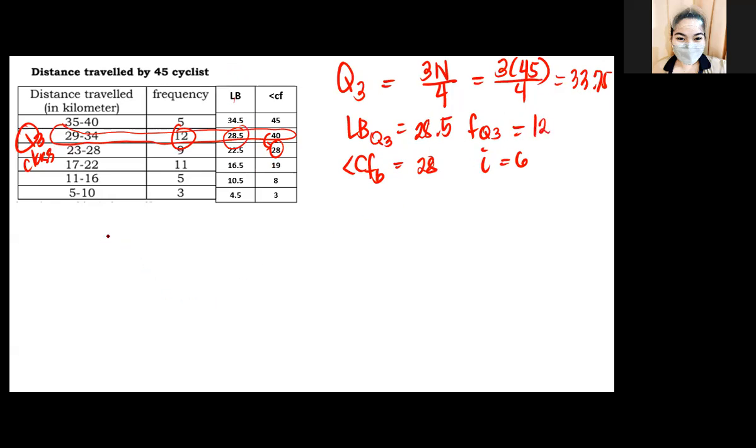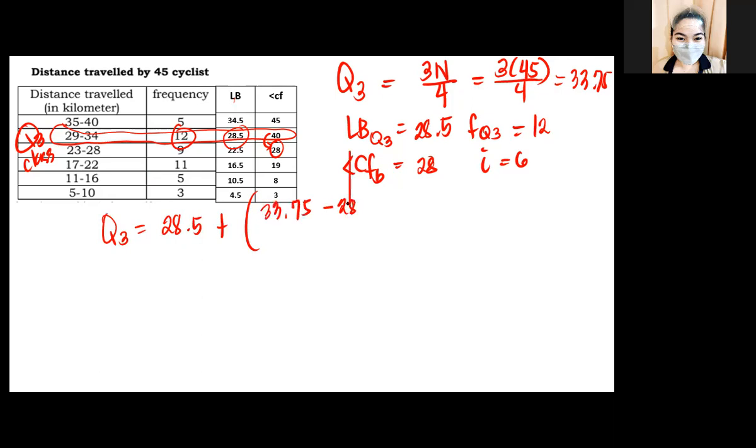So let's substitute. Yung Q sub 3 is equal to the lower boundary, LB. Sulat ko pa ba yung formula o diretso ko na? That's 28.5 plus yung Q sub 3 nyo kanina, 33.75.